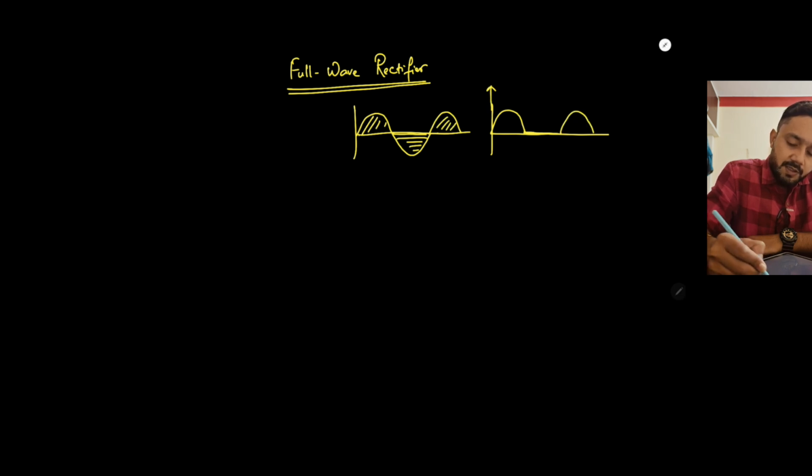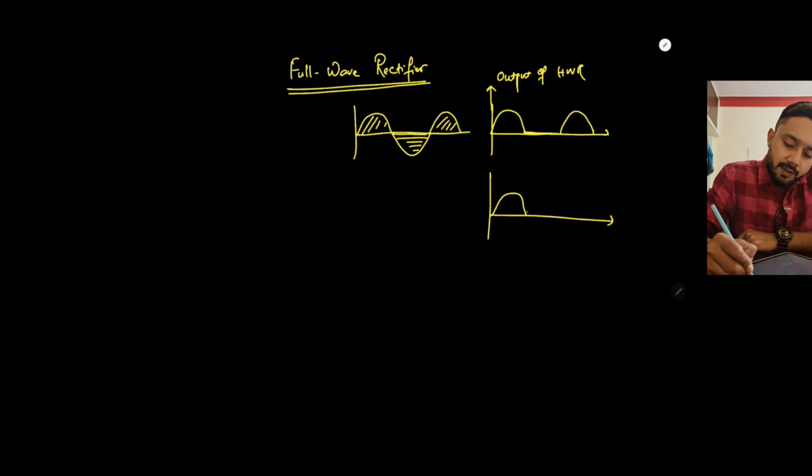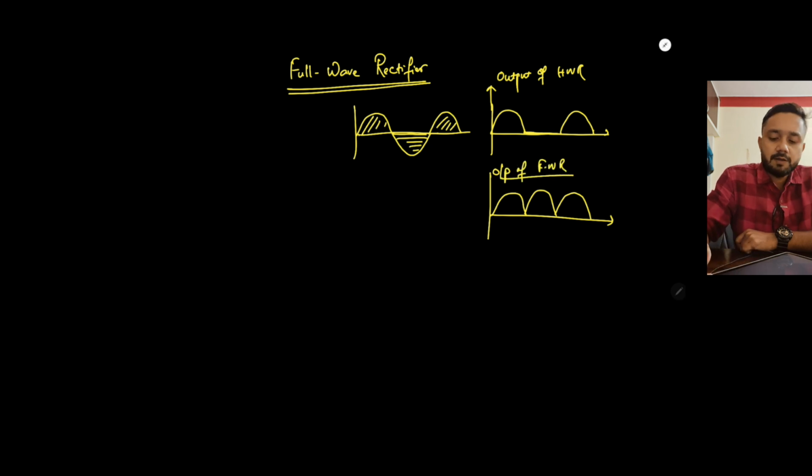So it was kind of a pulsating voltage. With the full wave rectifier, we'll again get a pulsating output, but here the output voltage will look like this, the output of the full wave rectifier.